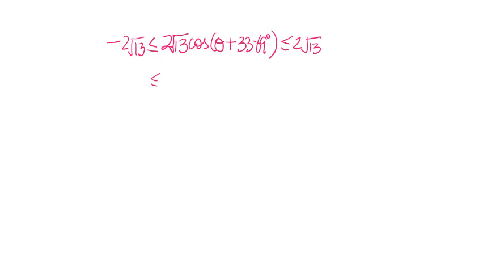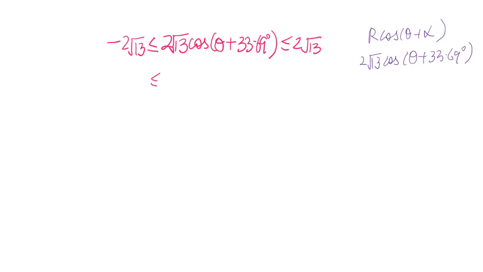All right, so you will see that after finding your R and your alpha, you can just plug it into your R cosine bracket theta plus alpha, right? So your R is 2 square root 13 and alpha is 33.69 degrees.